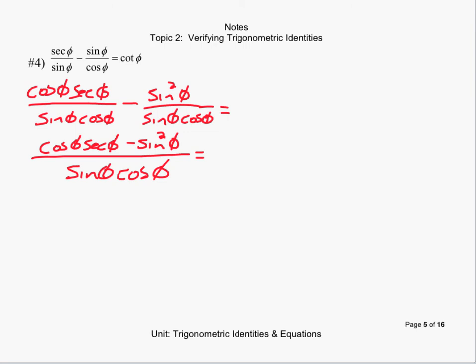Now comes some thinking. I don't think you should use the word opposites because I don't think you know what it means. What does it mean when you multiply two reciprocals together? You get 1. A number times its reciprocal is always 1. So cosine of phi times secant of phi is 1.